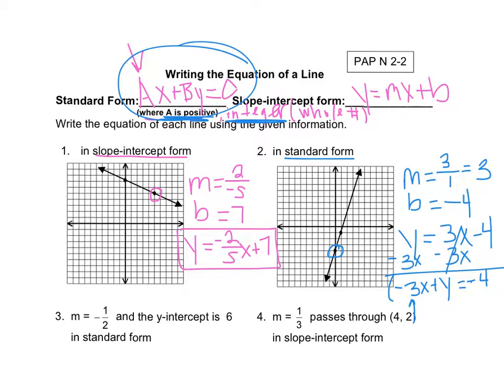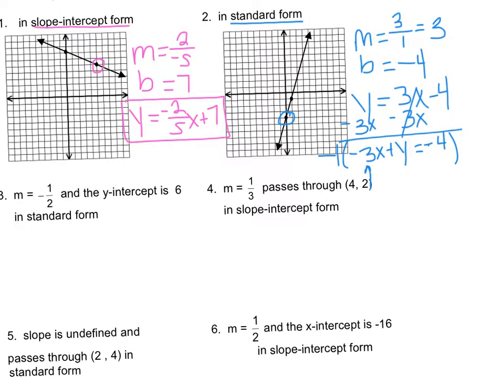So what I need to do here is multiply every single term in the equation by negative 1, so that way it becomes positive. So that's 3x. That now becomes minus y, and that becomes positive 4. So anytime you need to change from a negative to a positive, when you multiply by a negative 1, all it does is change the sign of every single term. So there's our standard form equation. So when you're given graphs, just make sure that you are finding the slope and the y-intercept of your graph.